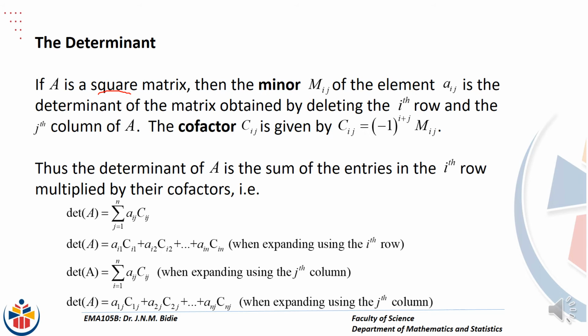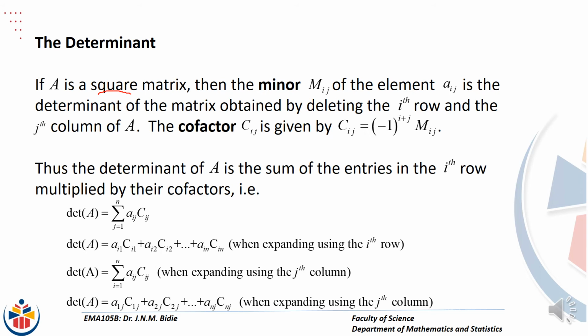So that means if it's M11 that you're looking for, you delete the first row, first column, and then find the determinant of the remaining elements.